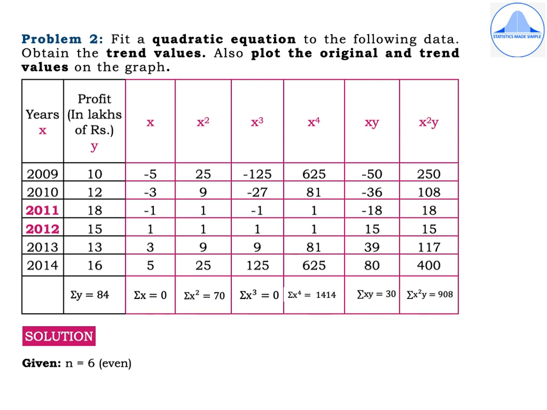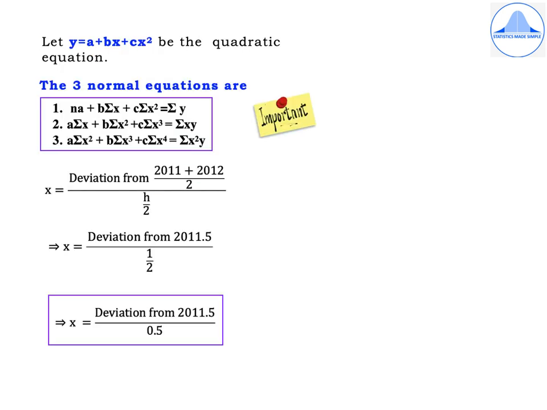Below the table, write solution given n equal to 6, which is even, and the two middlemost years are 2011 and 2012, which I have highlighted in pink color. Let us now write, let y equal to a plus bx plus cx square be the quadratic equation.